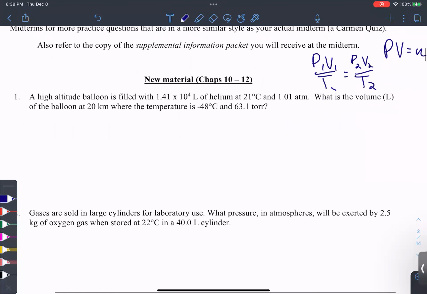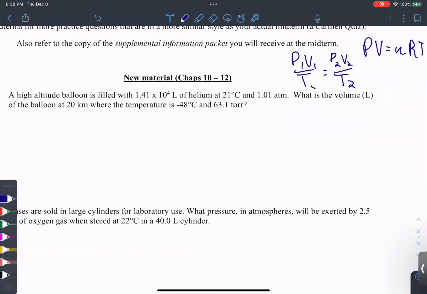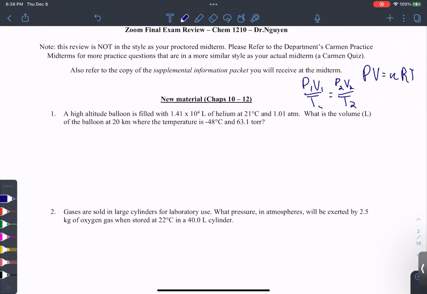Versus PV equals nRT, typically we use that equation when we're just describing one condition and we want to calculate the moles of gas that are present, or the pressure a certain amount of gas exerts, but we're only talking about one condition. That's the difference between these two equations. If you squint really carefully, the combined gas law and the ideal gas law are actually the same equation.